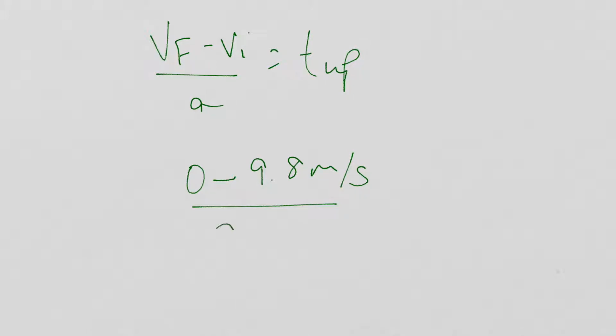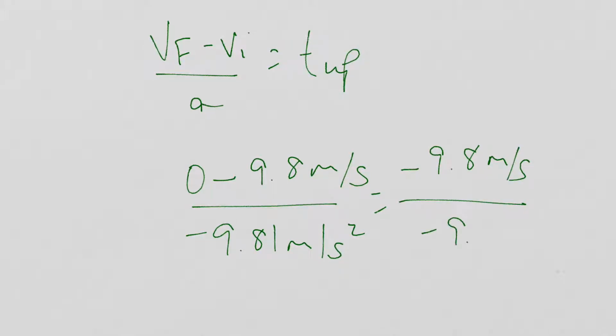And our A was 9.81 meters per second squared. This will be a negative 9.81 meters per second squared because it's gravity. So then we have negative 9.8 meters per second divided by a negative 9.81 meters per second squared.